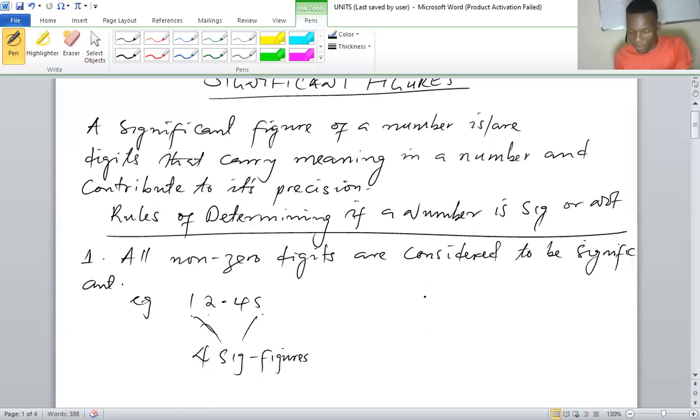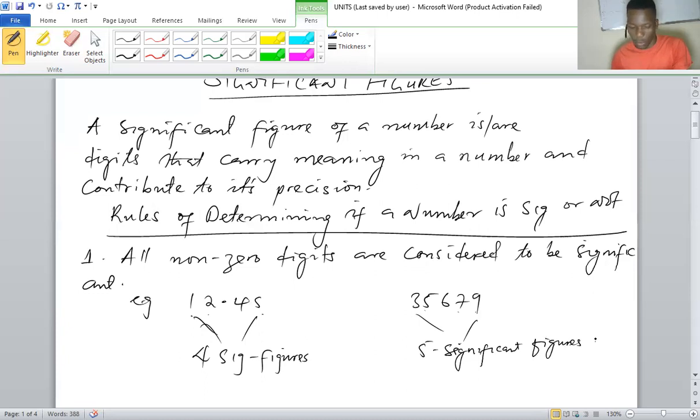If you have 3, 56, 7, 9, these are non-zero digits, so all of them are significant, meaning that 1, 2, 3, 4, 5, this has 5 significant figures.